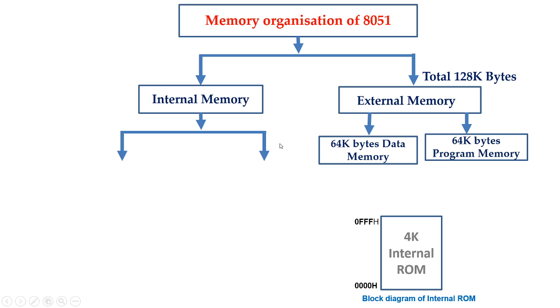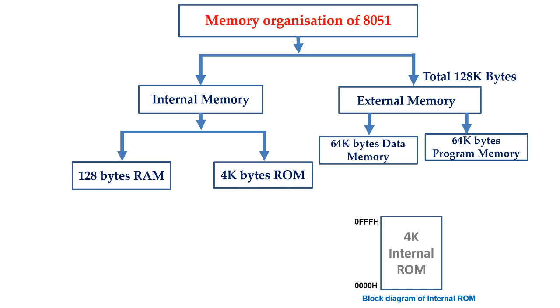Let us see the internal memories. Internal memory, as we know, is 128 bytes random access memory and 4K bytes read-only memory. The 128 bytes of random access memory is distributed like this: register banks, bank 0, bank 1, bank 2 and bank 3, so 4 banks are there.